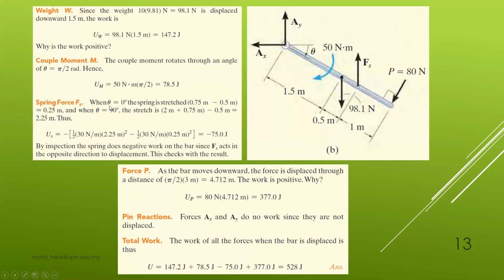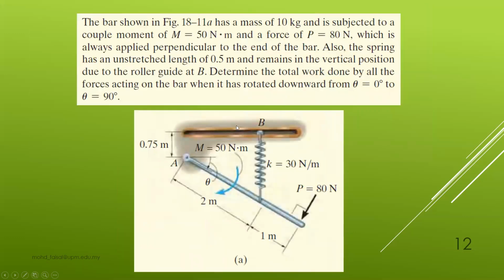Okay, when theta equal to 0, at the initial point, the spring is stretched. If you refer to this diagram, it is shown that it is 0.75, and it is mentioned that the spring has unstretched length, which means that if the length of the spring is more than this, there is a force involved.